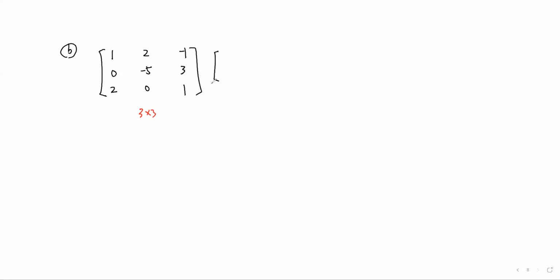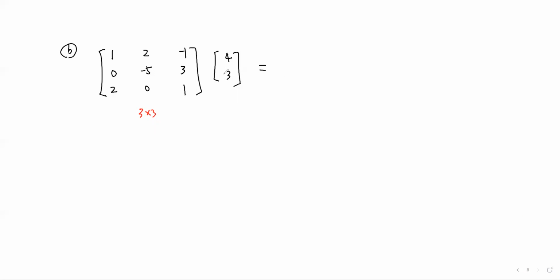This time, the vector has only 2 entries: 4, 3. Because the number of columns in the matrix is not equal to the number of entries in the vector, this product is not defined or not computable. You can have a try, okay?